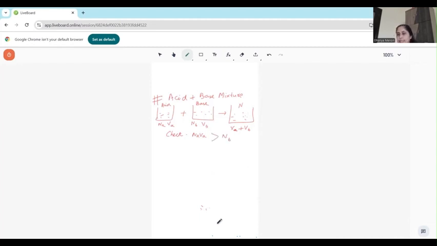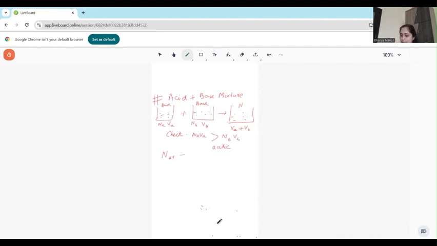If it is acidic, it will have more H plus ions, and at that time you will use the formula: normality is (Na Va minus Nb Vb), because the gram equivalents of acid is more, divided by (Va plus Vb).